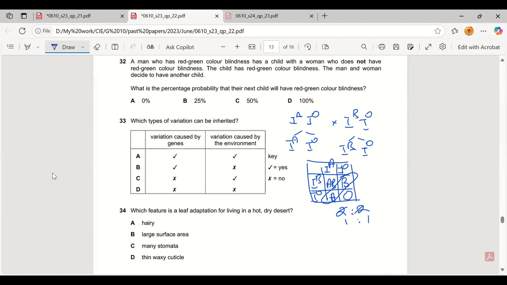Again, you have to try it out. And I will ask Anud. Can you try it out on scratch paper? No need to write it, or do you want me to write it? Okay. No, I'll try it out. No problem at all. But remember that the man is XY, guys, be careful. And the Y does not carry any alleles.